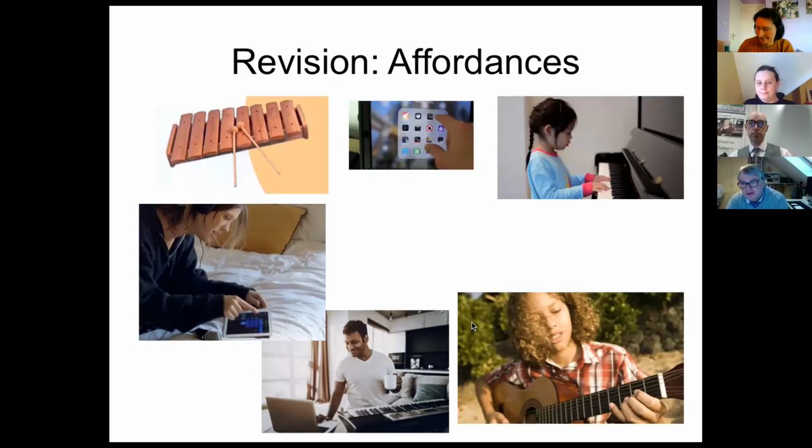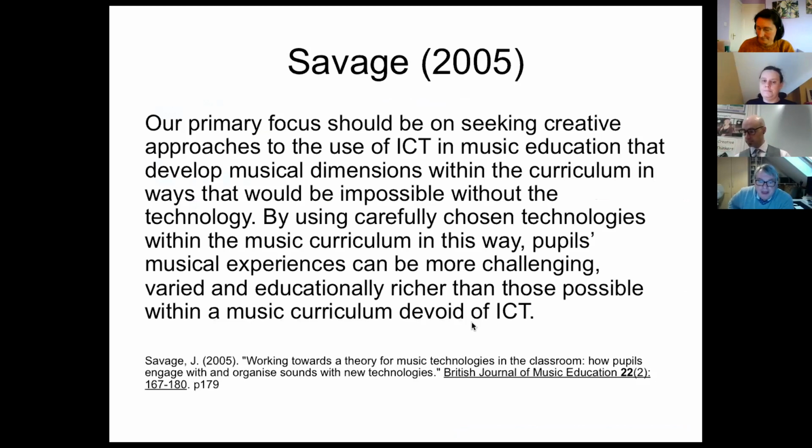What can you not do with a xylophone? And the same is true of a piano or a guitar or a whole home studio, even if you are holding a cup of coffee. What is it that the tech can afford you to be able to do? And what does it not afford you the opportunity of doing? These are useful questions to think about in terms of tech.